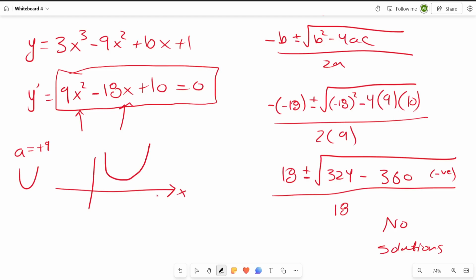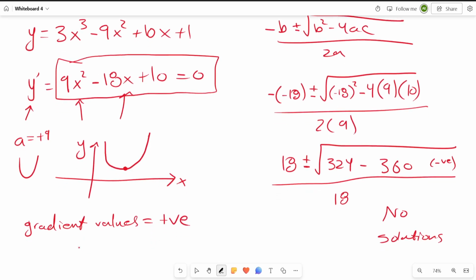It should start above the x-axis, meaning that all the y dash values, or all the gradient values, for this function are going to be positive, indicating that my function is always increasing. And if I want to write the interval, it's going to be from negative infinity to infinity, increasing.